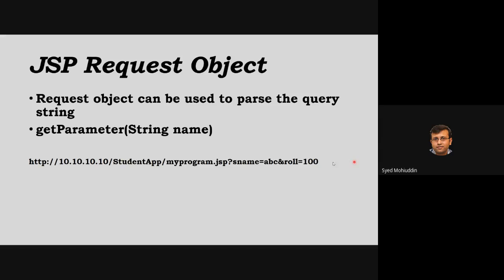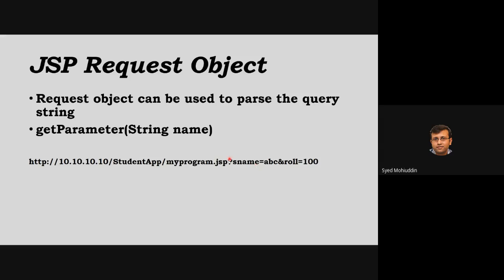So if you see, this is the example. This is the URL, assuming it is used in a form action. Once the user has entered the student name and roll number and submitted, this is the URL string.